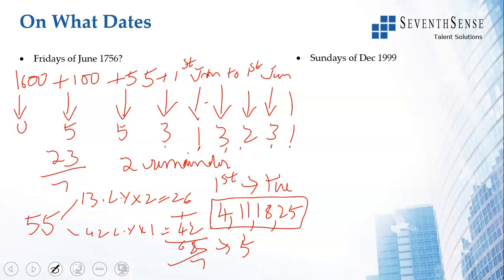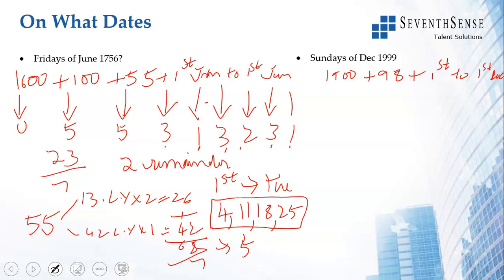Sundays of December 1999. So I look at 1900 plus 98 plus 1st Jan to 1st December.